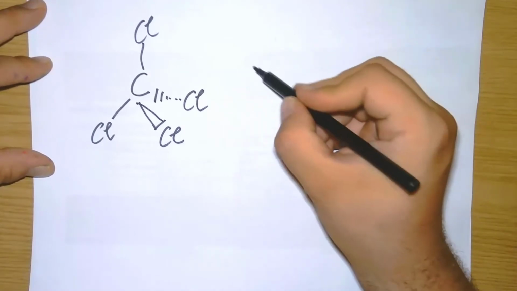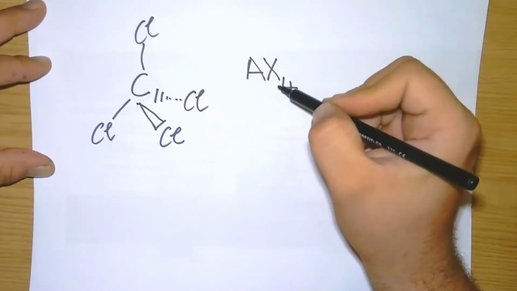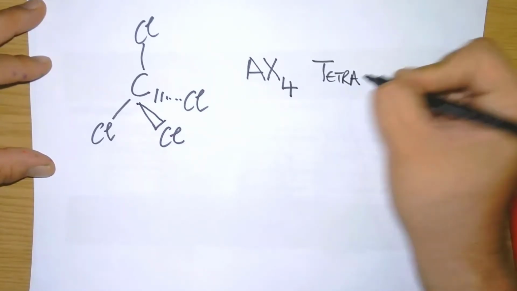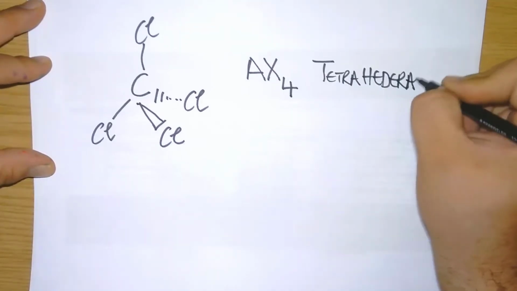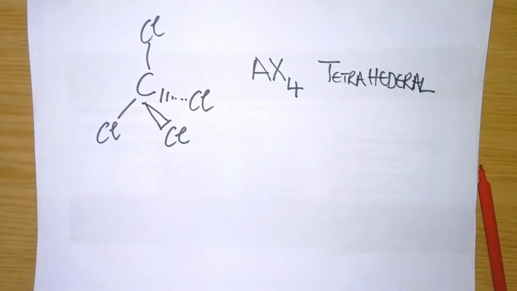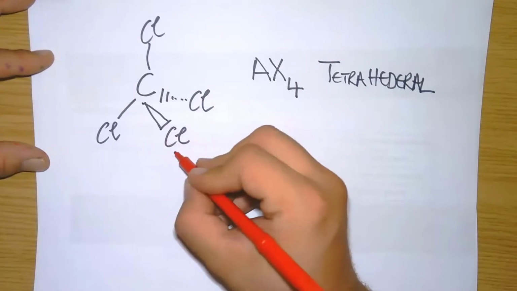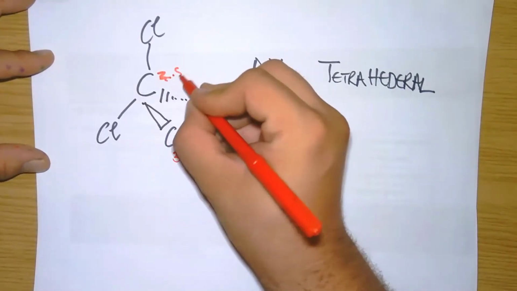and we know that this molecule has that general formula AX4, which makes it a tetrahedral molecule. Okay, we also know that the shared electrons, because the electronegativity of chlorine is 3, carbon is 2.5.